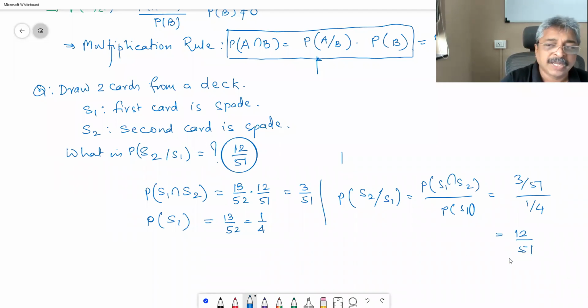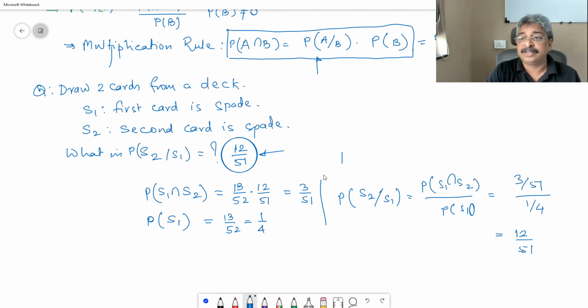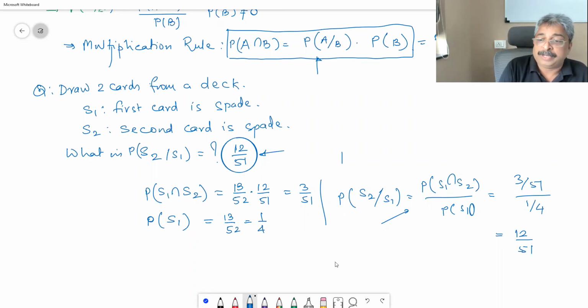Now, this was simple, therefore we could directly visualize and get the answer first. However, in complicated cases where the wording is not leading to the final answer directly, it is better to do it using the formula, because with set theoretic calculations we have found out how these probabilities we are going to get using the formula.